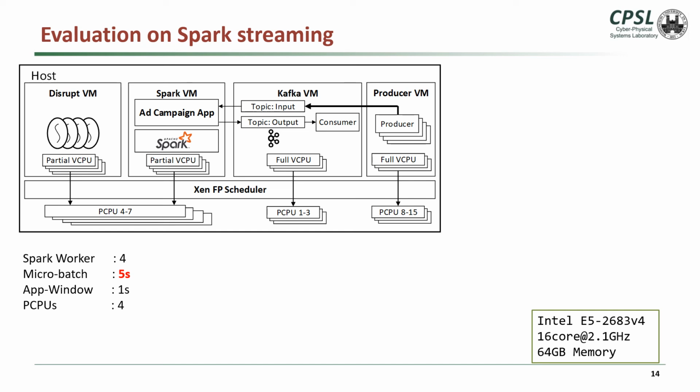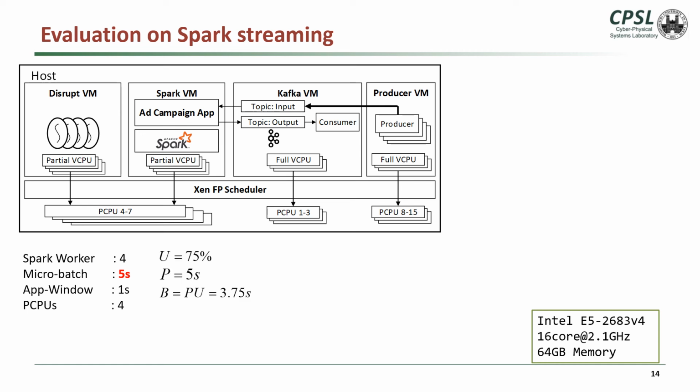platforms. Here we allowed 4 Spark workers, each with a micro batch of 5 seconds, and the application window in this app is 1 second. We run them on 4 different pCPUs using a partitioned fixed priority approach.